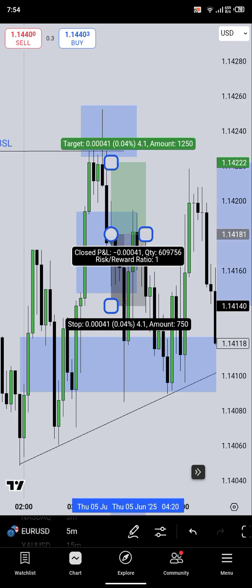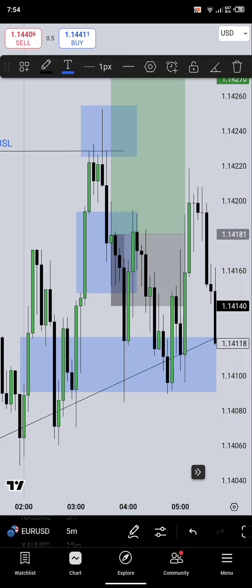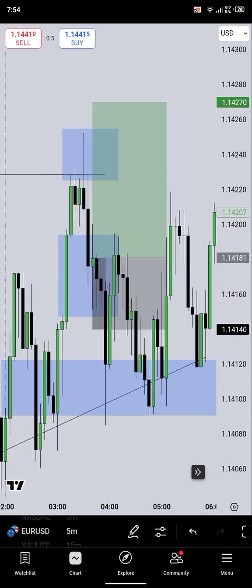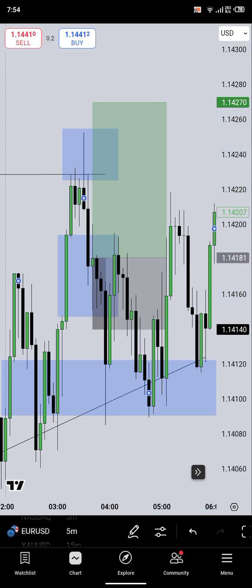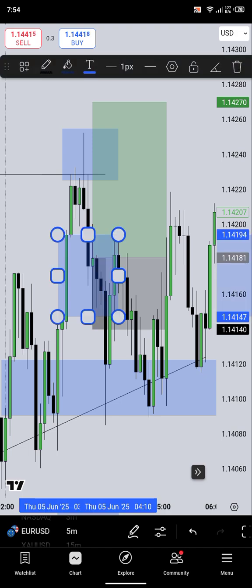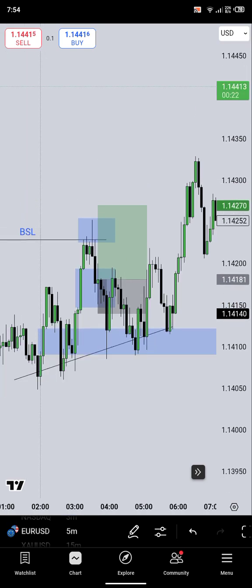So the moment price was inside of this fair value gap, we took our entry from here.